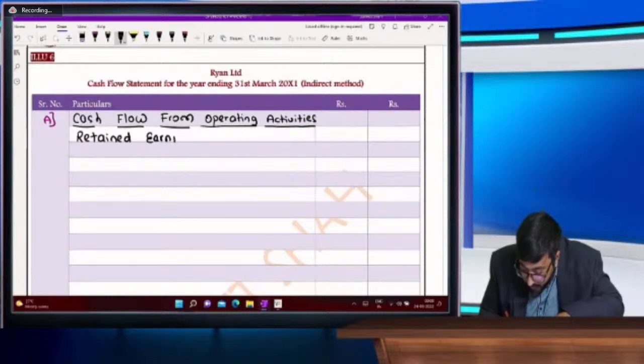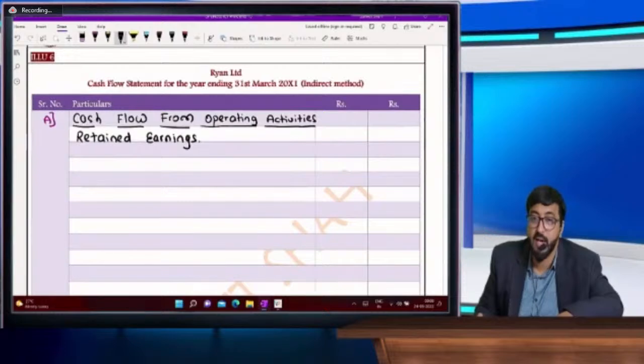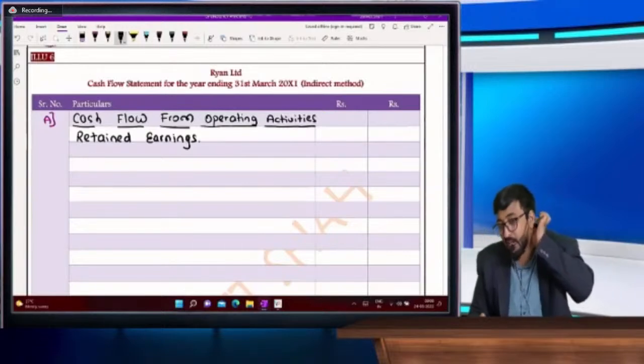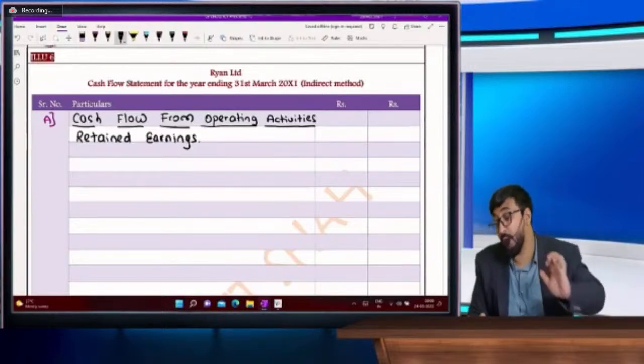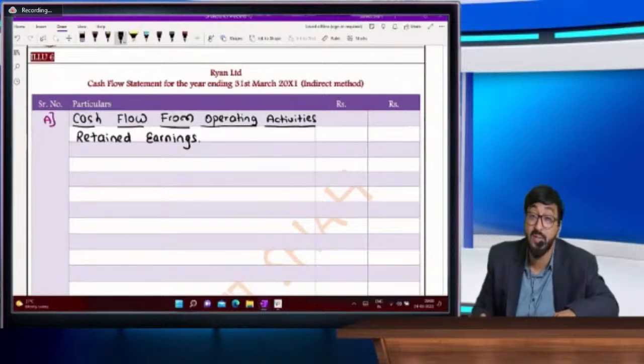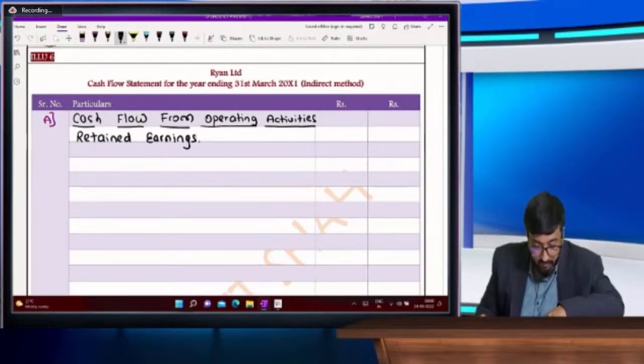Retained earnings. So my starting point is retained earnings. Normally the starting point is PAT or PBT. Why is my starting point retained earnings, not PBT? Because of one effect. I will tell you later.